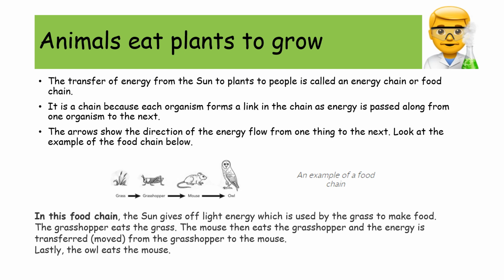In this food chain the sun gives off light energy, which is used by the grass to make food. The grasshopper eats the grass. The mouse then eats the grasshopper, and the energy is transferred from the grasshopper to the mouse. Lastly, the owl eats the mouse.